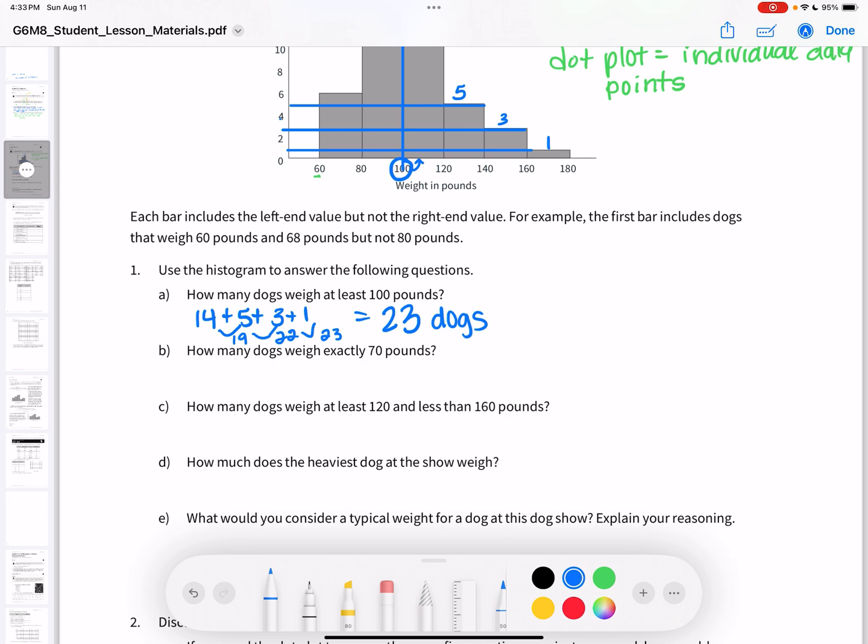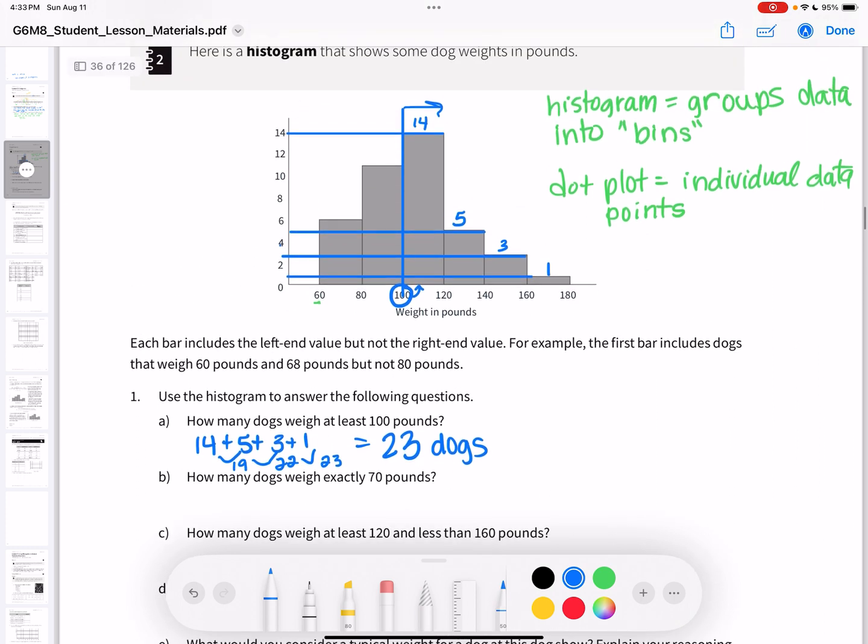Let's try B. How many dogs weigh exactly 70 pounds? This one's tricky. We know that 70 is going to be in this bin, right? This group of data points, but we don't know if 70 is actually a data point. It could be, or it could not be. We could have 60, 68, 69, 69, and 69, and then another 69, right?